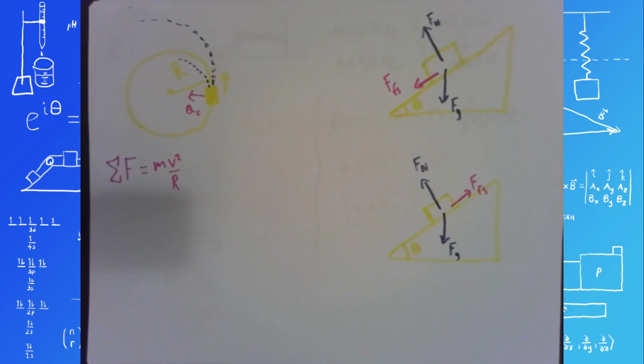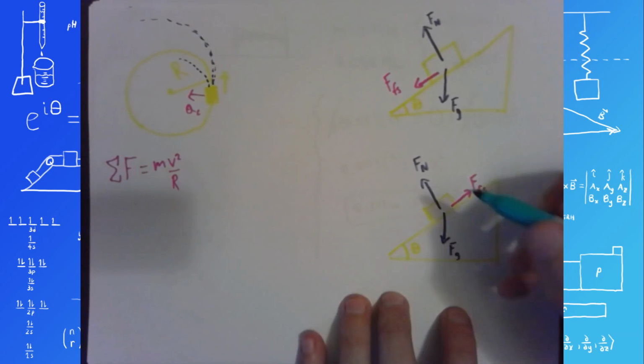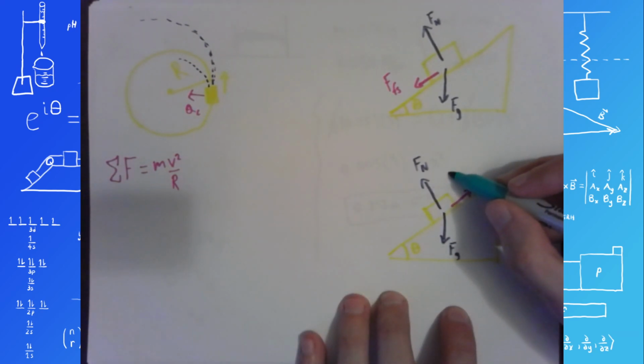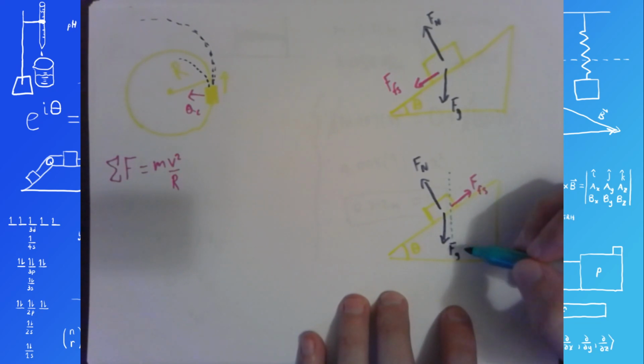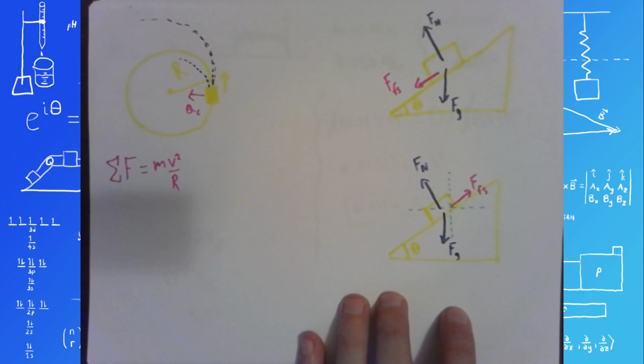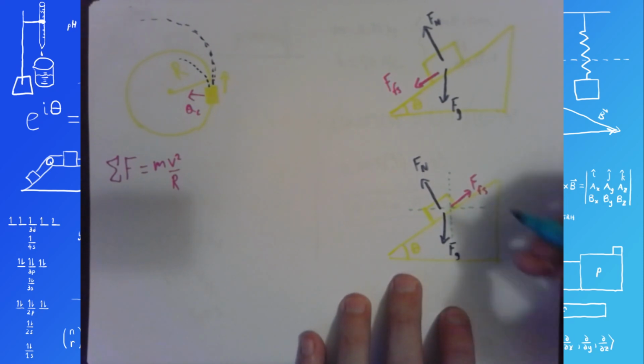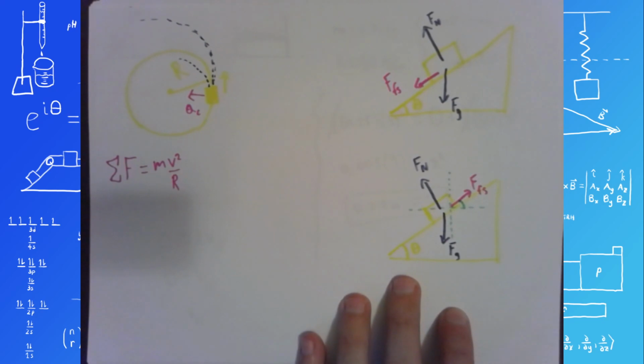So let me go ahead and do some geometry to figure out how these break down. So if I draw some axes over there, I see that the angle made between my x-axis and my force of friction is equal to this theta over here. So that angle is equal to theta. Okay, and what about for the normal force?